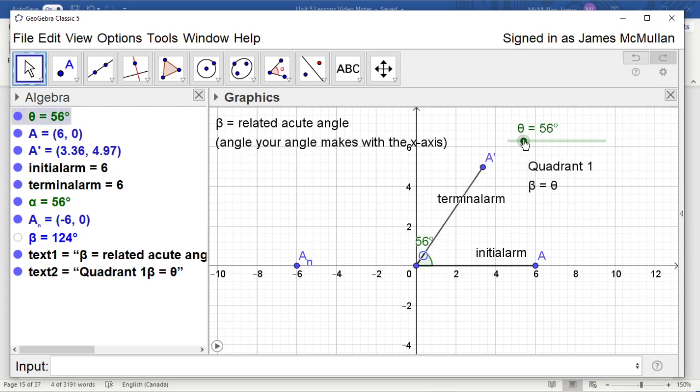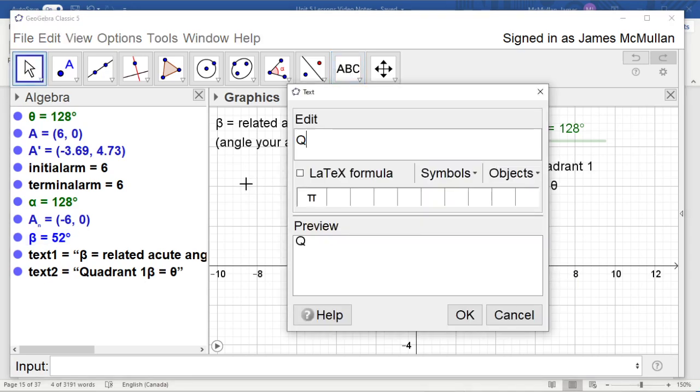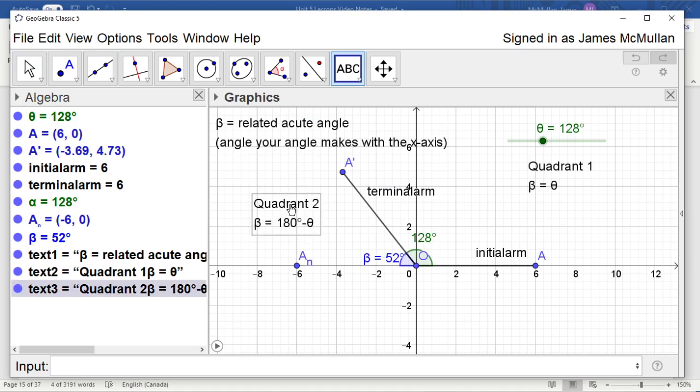On the other hand, if I go into quadrant 2, now my original angle is 128, but my beta is only 52. Now this is quadrant 2, so let's write down in quadrant 2, beta equals 180 degrees minus theta.